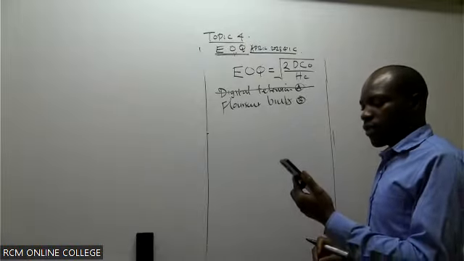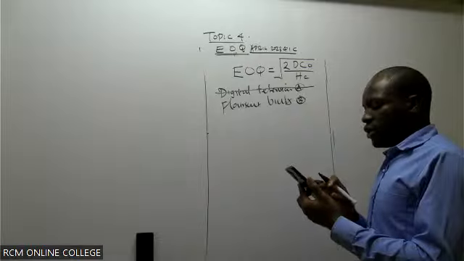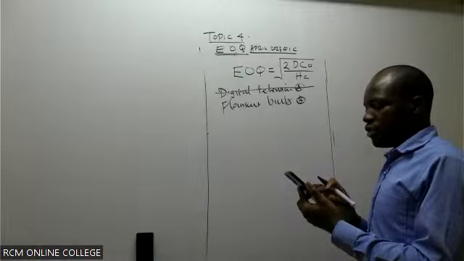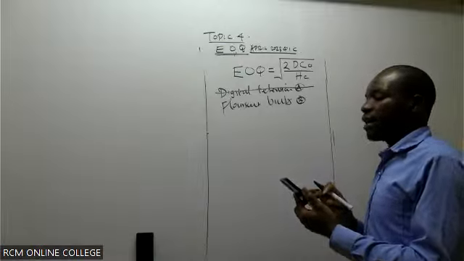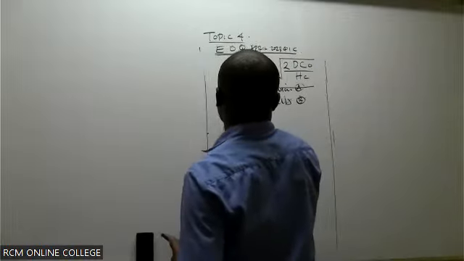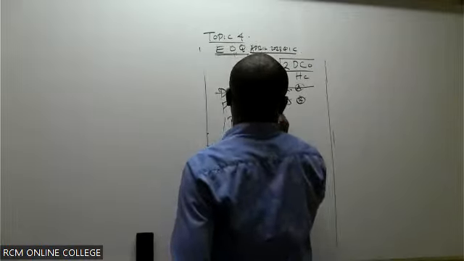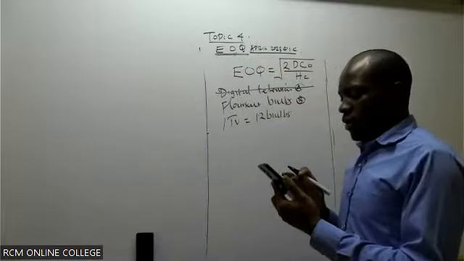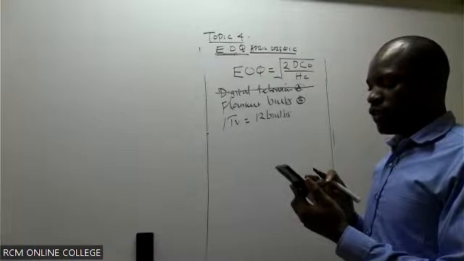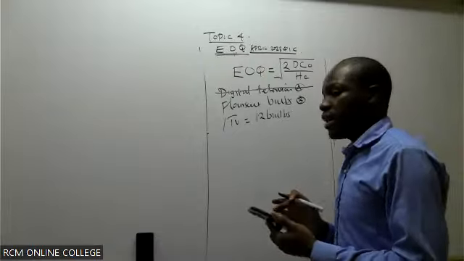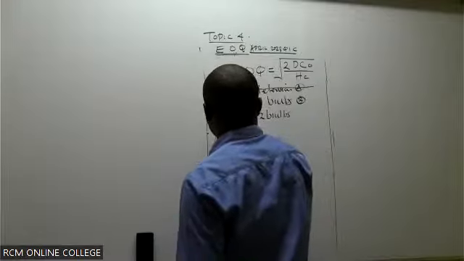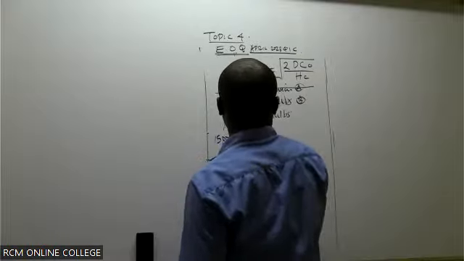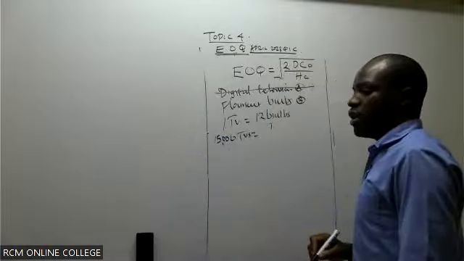So let's see. The main component in making digital television is the fluorescent bulbs. For each digital television manufactured, 12 bulbs are required. One TV is equivalent to 12 bulbs. Now, the company manufactures 15,000 digital televisions per year. 15,000 televisions will be equivalent to how many bulbs?